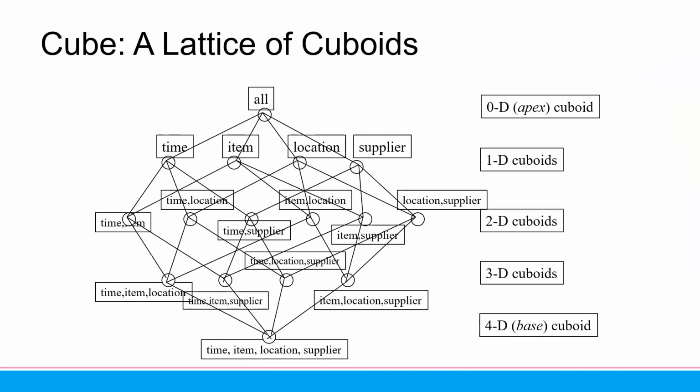If we have 1D, we deal with only 1 attribute. So this is the lattice of cuboids. If you have 4 attributes in your table, you can create combinations based on this, so you know how many possibilities you have for making the data cube.